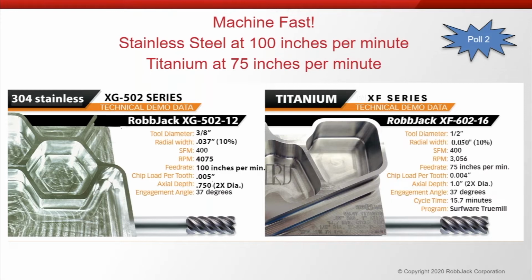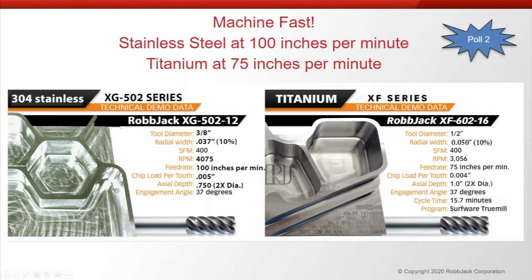We're cutting stainless at 100 inches per minute and titanium at 75 inches per minute. And we're able to do that very repeatedly. We don't have issues. We get the same amount of tool life, and we're able to get through parts much faster and get a lot more throughput out of these tools than you would doing it the more traditional ways.